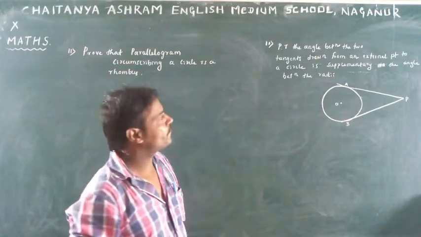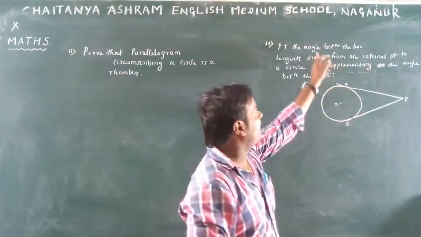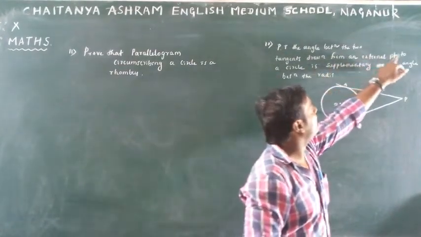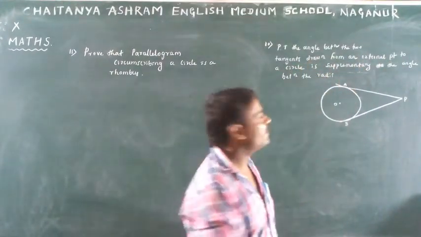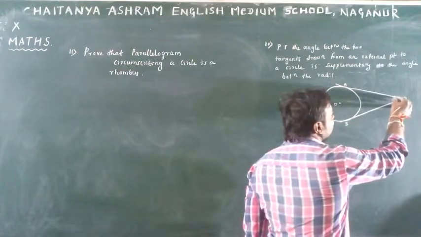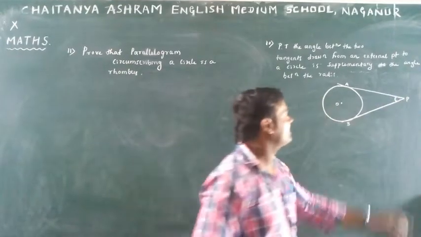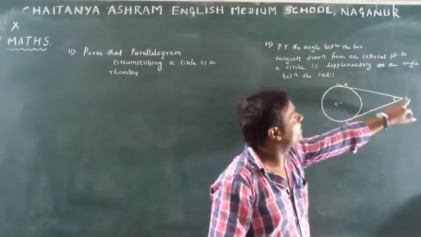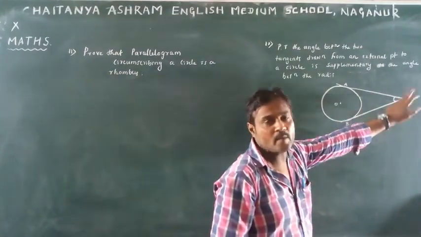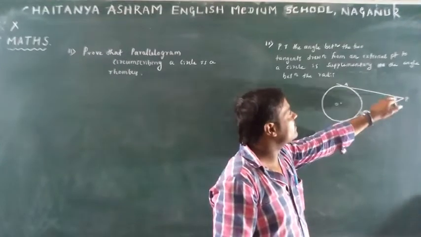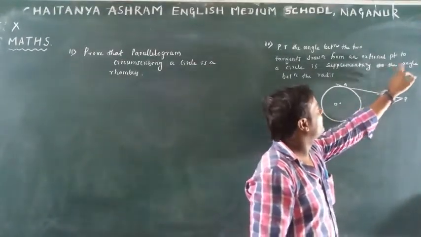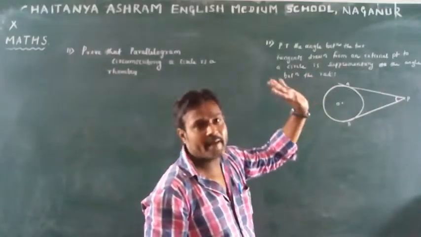We prove that the angle between the two tangents drawn from an external point to a circle, where is that angle? This is the angle between the two tangents. These two tangents are drawn from this external point. This angle is supplementary to the angle between the radii.